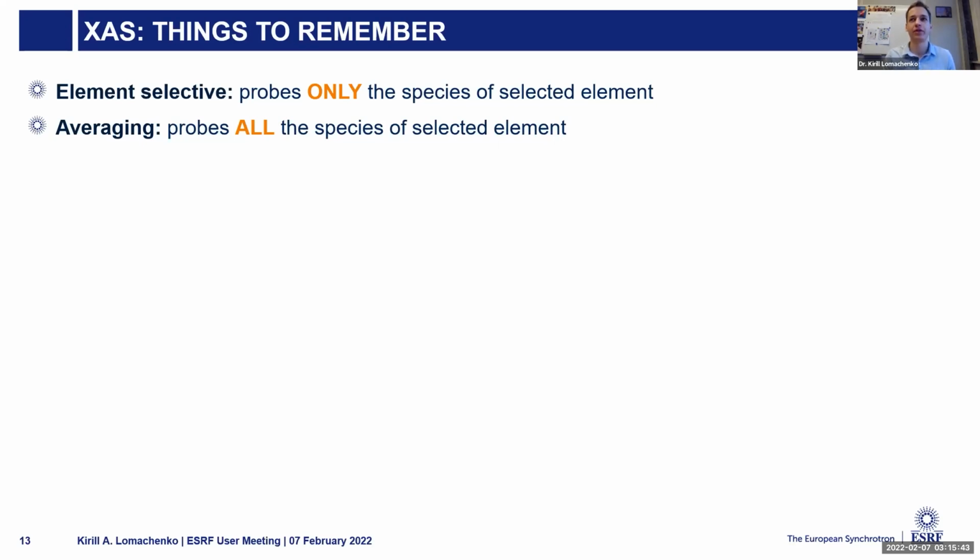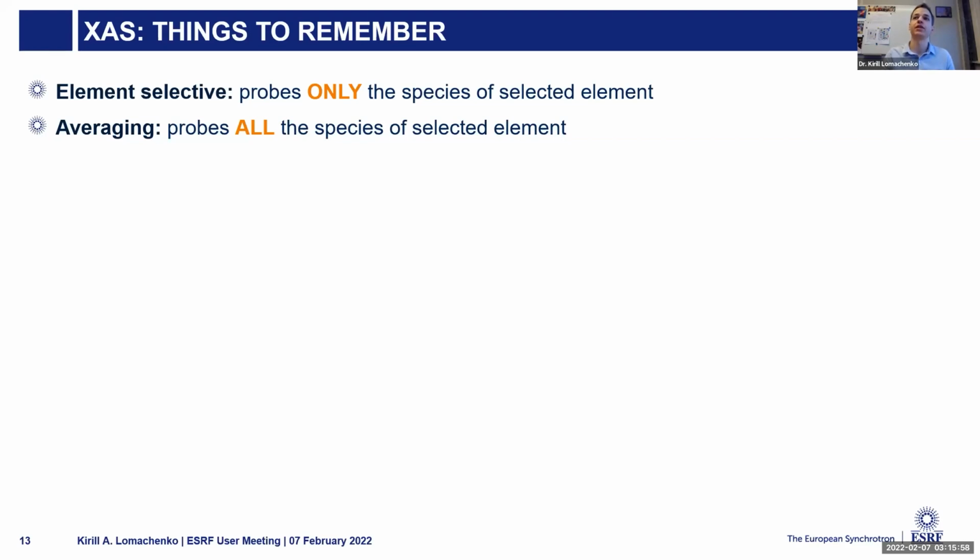So basically, your XANES spectrum, your XAS spectrum, is a linear combination of the spectra of different non-equivalent species of a particular element present in your sample.